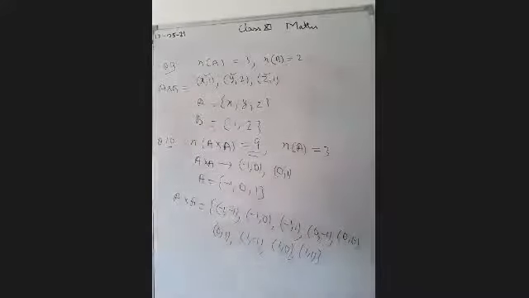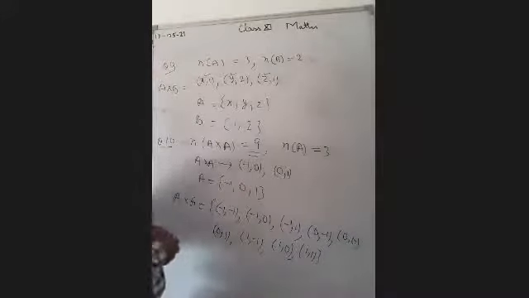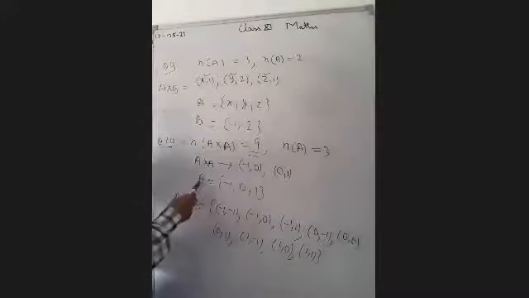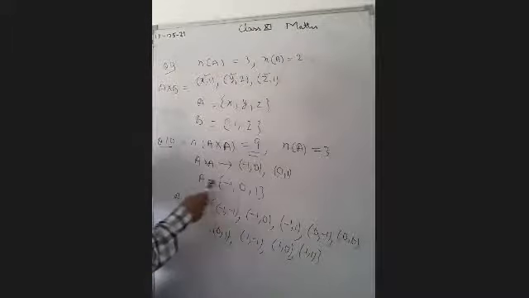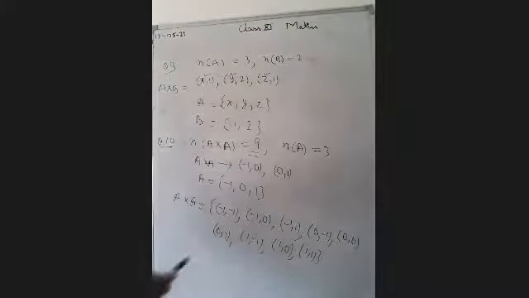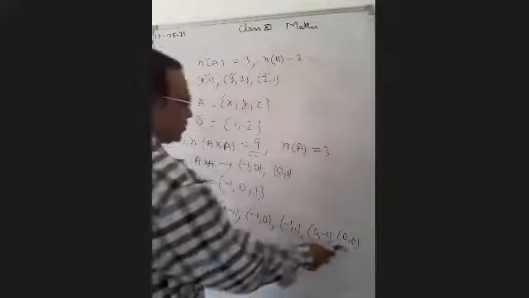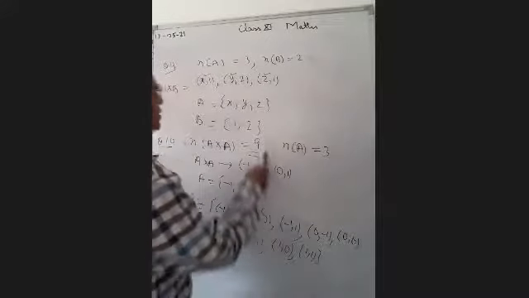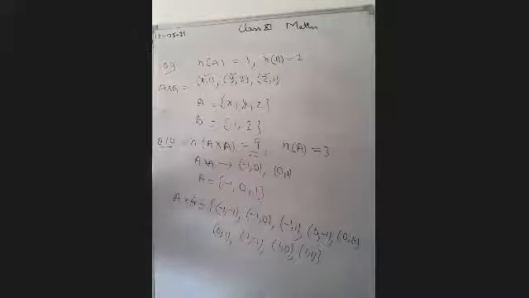So now we got all the elements belonging to set A cross A. We did this by seeing only these 2 elements, we found the value of set A, and after getting the value of A, we got A cross A. So how many elements are there? 1, 2, 3, 4, 5, 6, 7, 8, 9. There were 9 elements in set A cross A. We got all the elements.